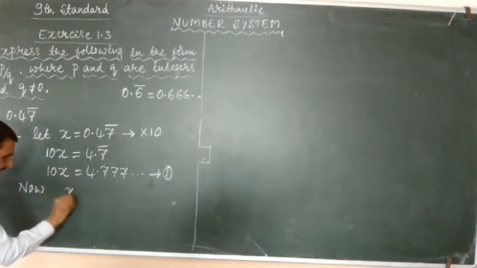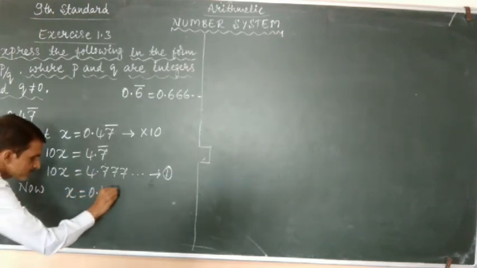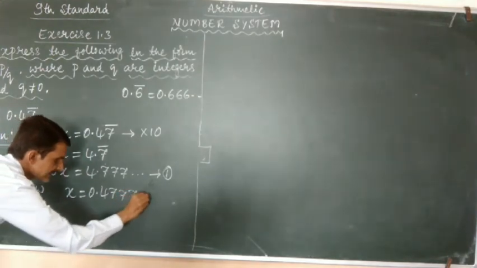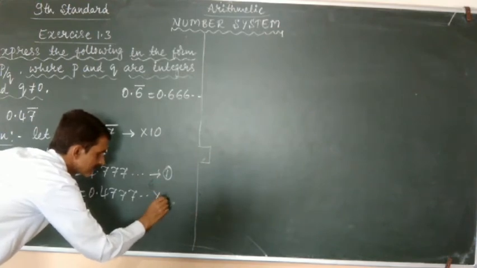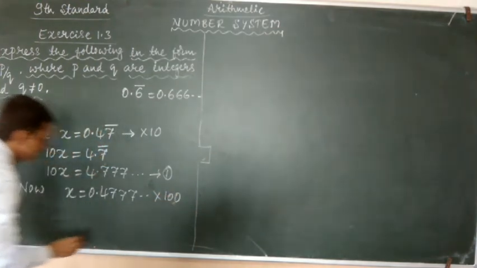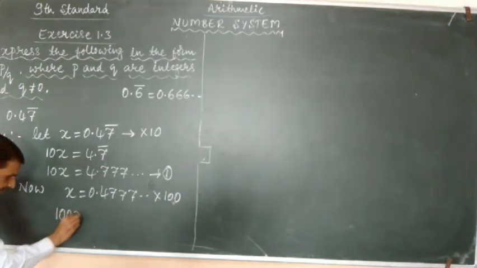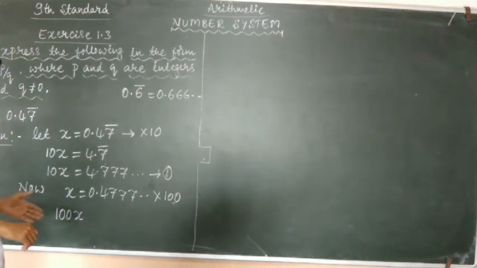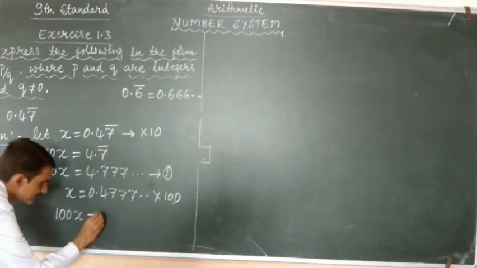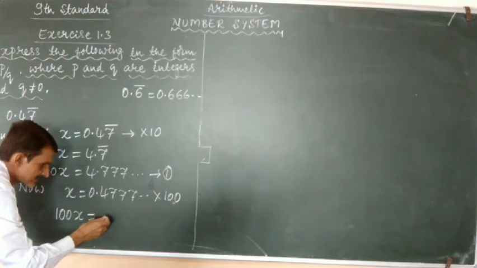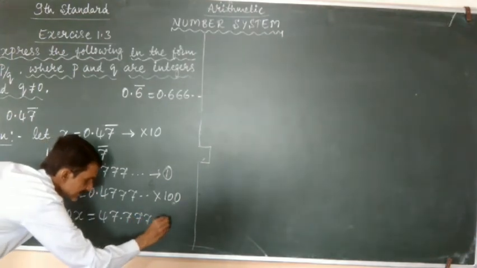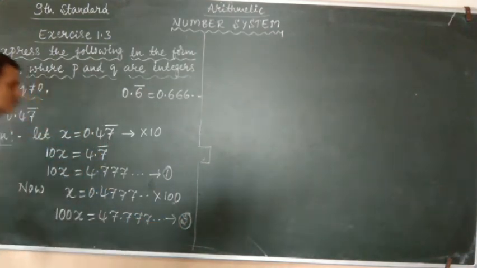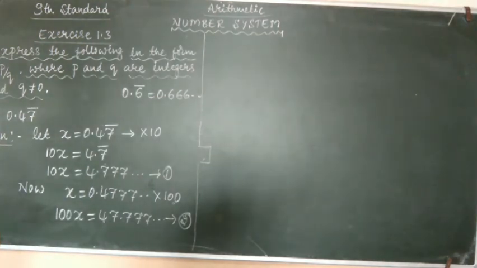Now x equals 0.4777 etc. If this is multiplied by 100, in the left side it becomes 100x, equals, in the right side, 100 into 0.4777 etc., it will become 47.777 etc. Call this equation number 2.